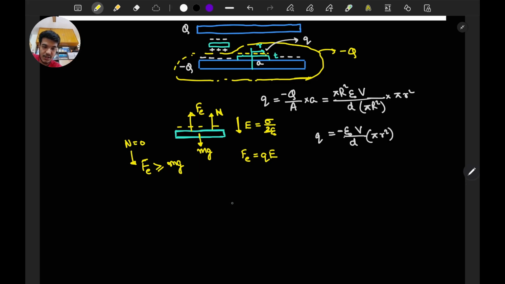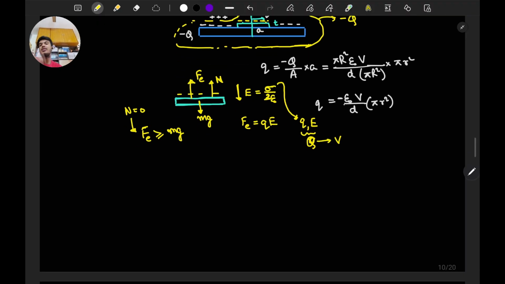F is qE, and this sigma, which is the charge, is dependent on two things. The q and E are both dependent on the voltage V, because they are composed of the expression of capital Q, which is dependent on capital V. So we have to change voltage in order to do all these things.